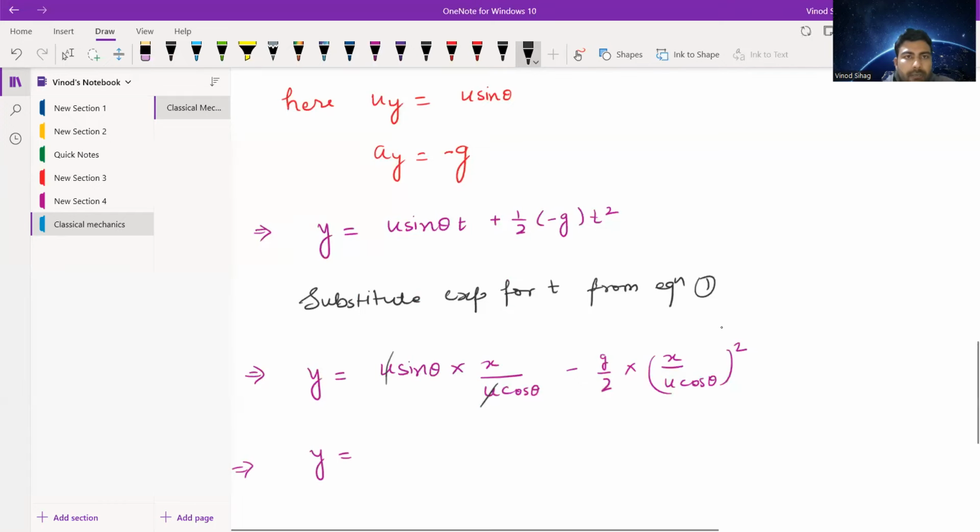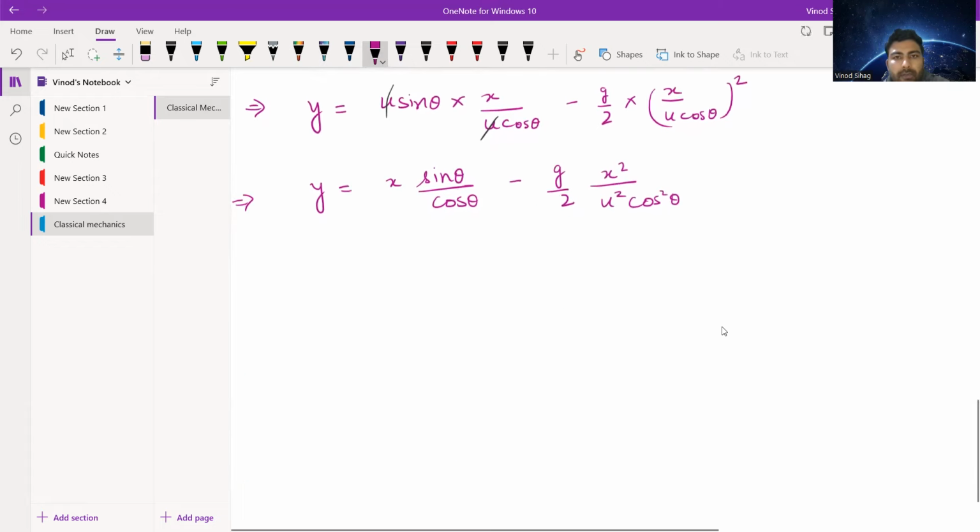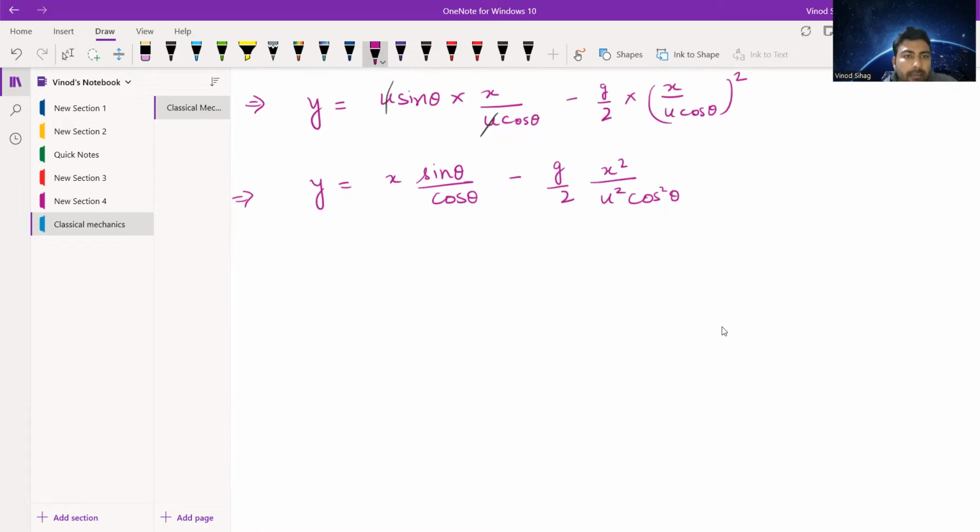Now the equation will become x into sine theta upon cos theta minus g by 2 into x square upon u square cos square theta. So this kind of equation we are getting. Now we'll solve it further to see what kind of equation we'll get at the end.